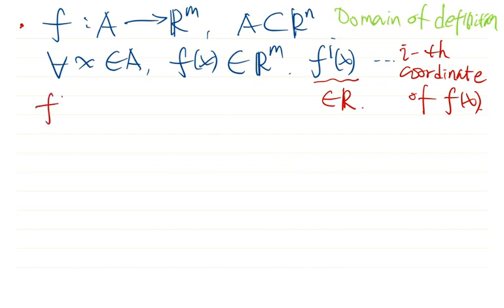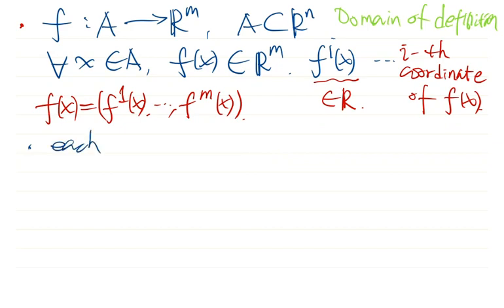So our f(x) can be written in this way: f_1(x), ..., f_m(x), because f(x) has m coordinates. Therefore, each f_i can be considered as a real-valued function defined on A. The value of this function at x is exactly f_i(x), that is the ith coordinate of f(x), of the value of our vector valued function f at the point x.